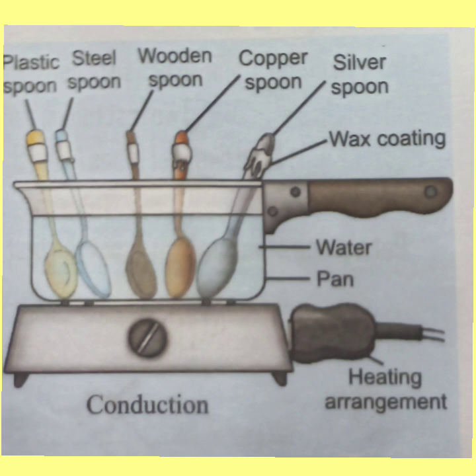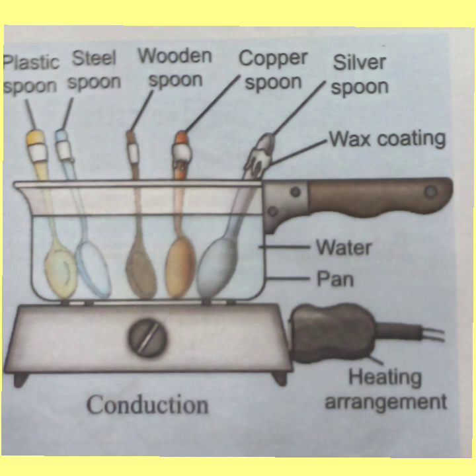First we have to coat the tip of the handles of all the 5 spoons with wax. Take fresh cold water and put all the spoons into it and put the heater on. Now we have to watch this setup keenly.